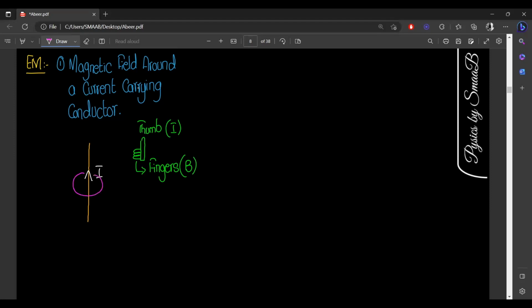Anti-clockwise. It will be like this, and that is anti-clockwise. And if we reverse the direction of electric current, the direction of magnetic field will also automatically reverse.